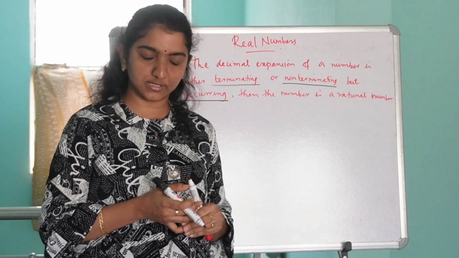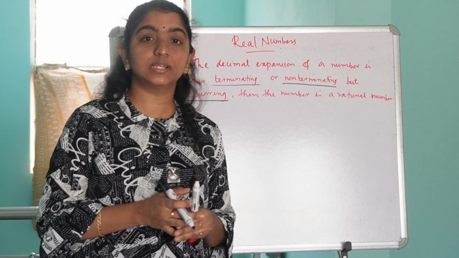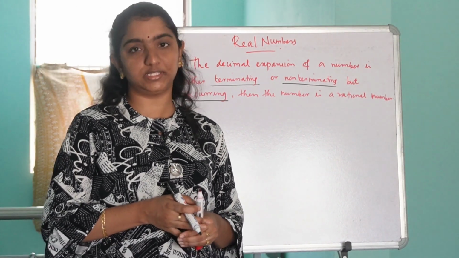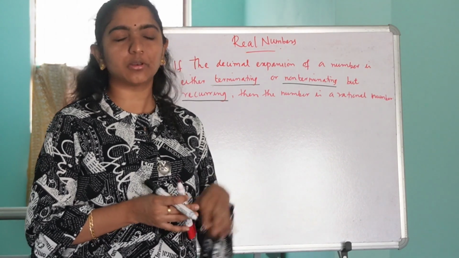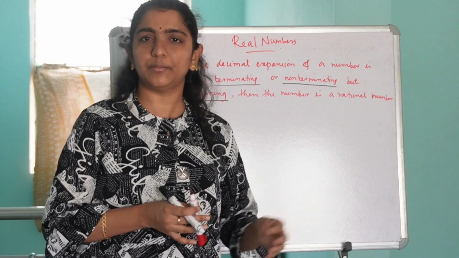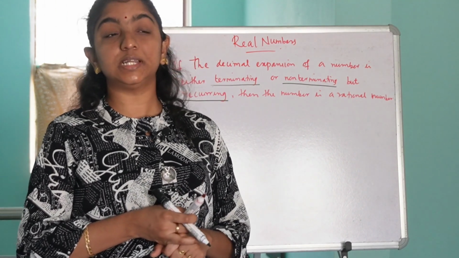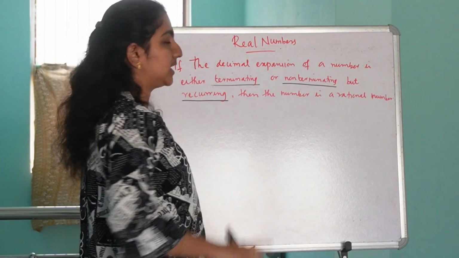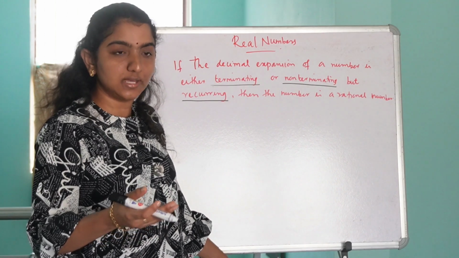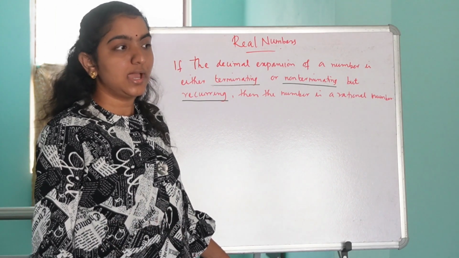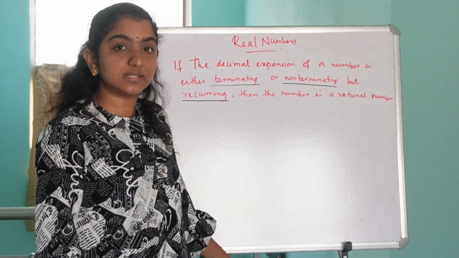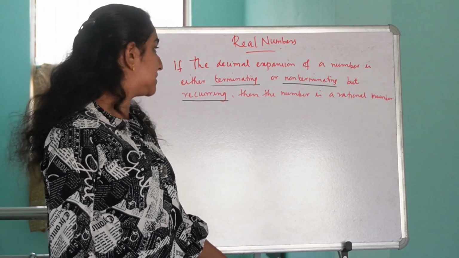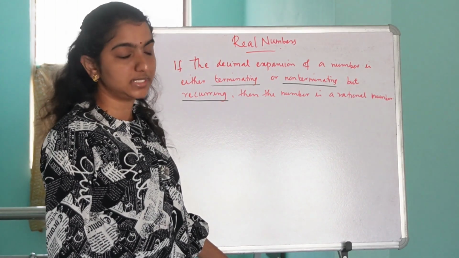We can classify decimal numbers based on the digits after the decimal point. One kind of such classification is terminating and non-terminating, and the next one is recurring and non-recurring. So first let's understand what are terminating and non-terminating decimal numbers.